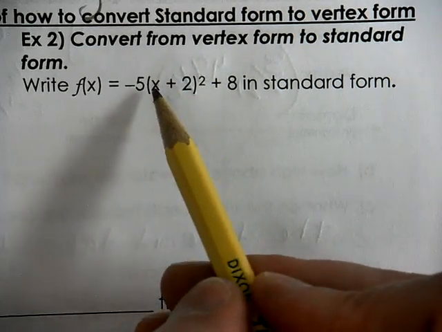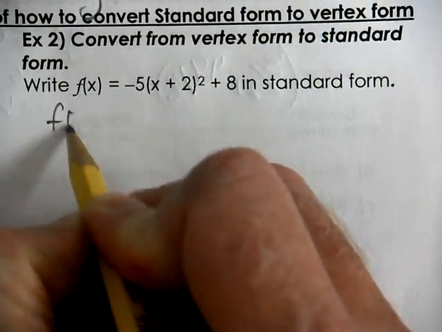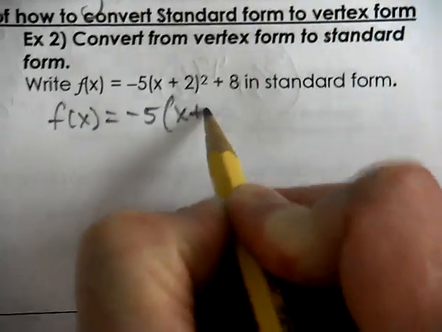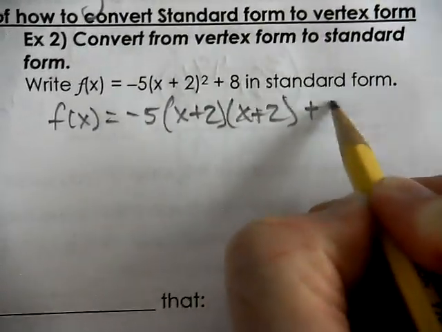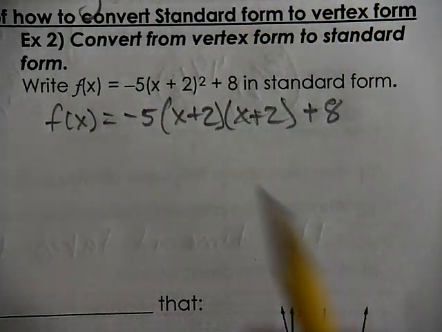You cannot call this x squared plus 4. That's a very common mistake. What we need to do is write it twice: x plus 2 and x plus 2. And don't forget your 8 on the end. You must write the parentheses twice. It will not work otherwise.